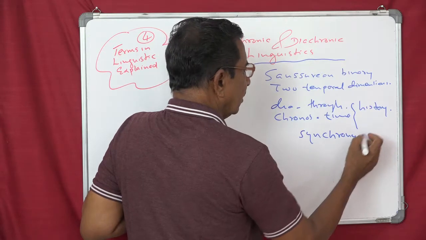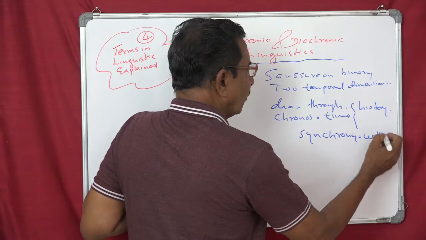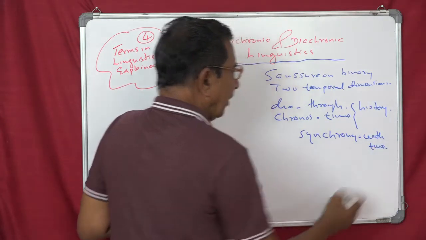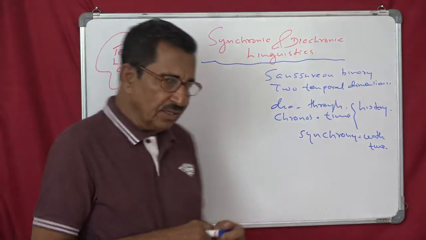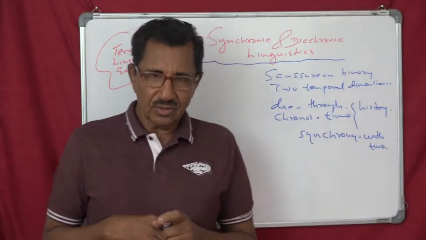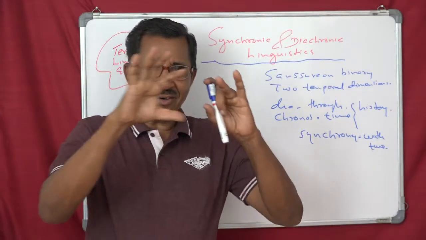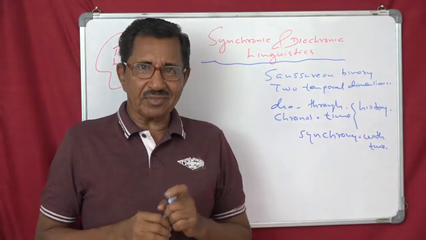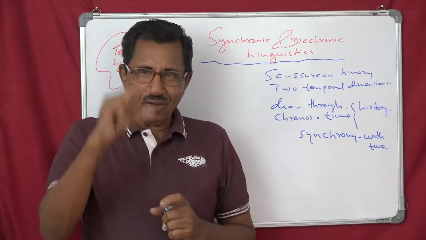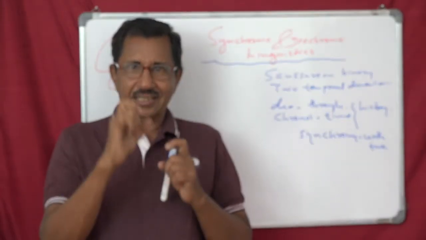Synchronic. What does that mean? With time. That means it is like a film. You have got a roll of film. So many frames, 1,000 frames. You take one frame and then just analyze that.